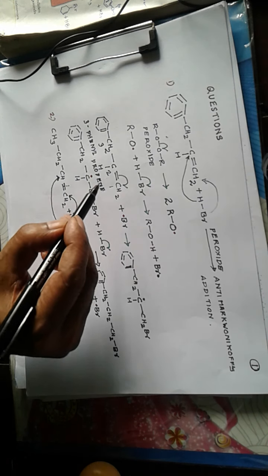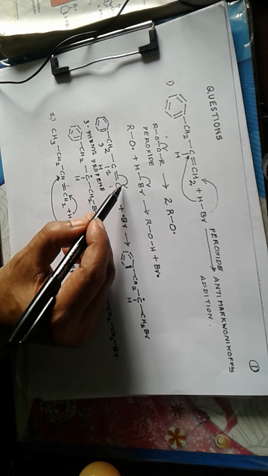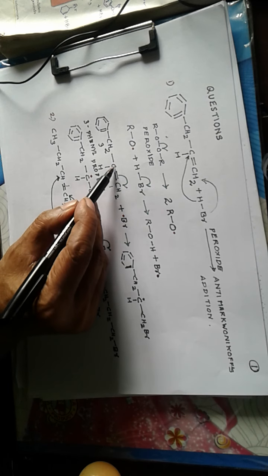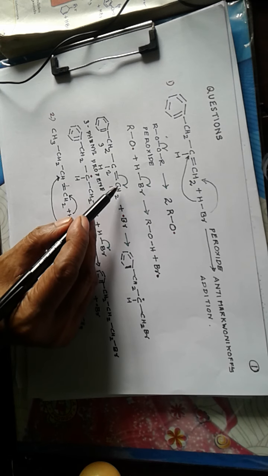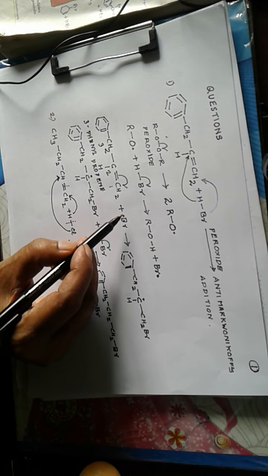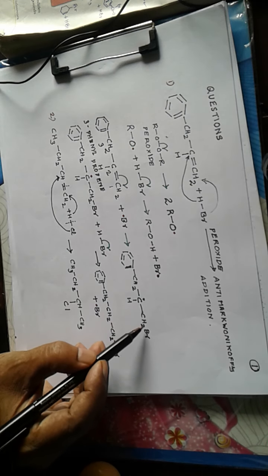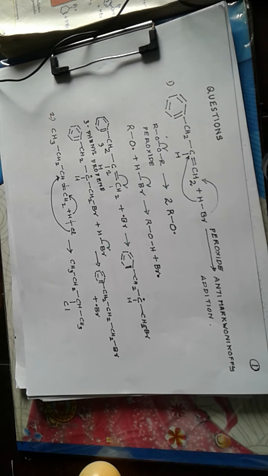Now the pi bond undergoes homolysis in this direction, so we get an orbital with a free electron here, and again an orbital with an unpaired electron here. Now this unpaired orbital combines with the unpaired orbital of bromine to form a sigma bond between C and Br.